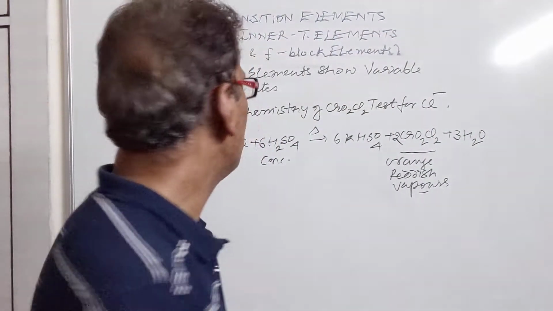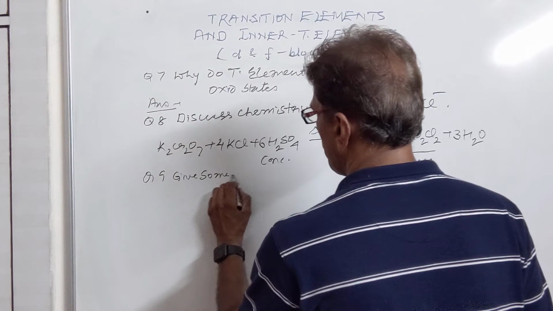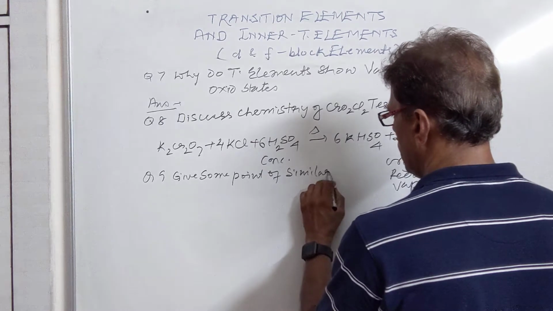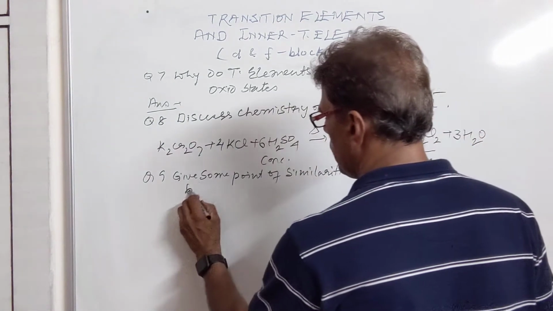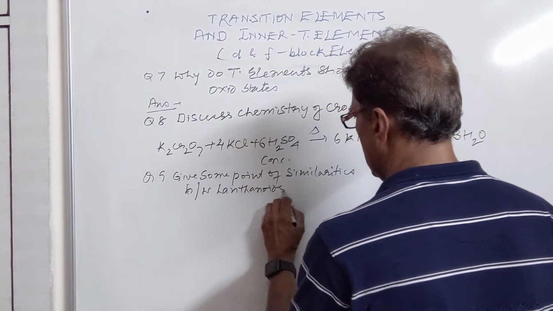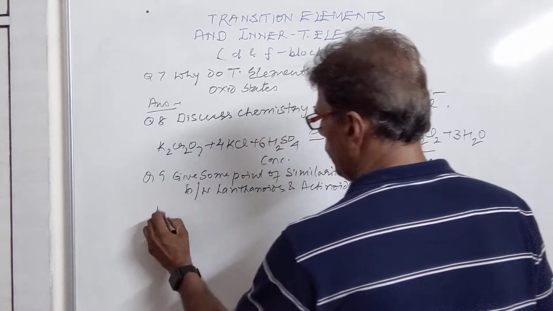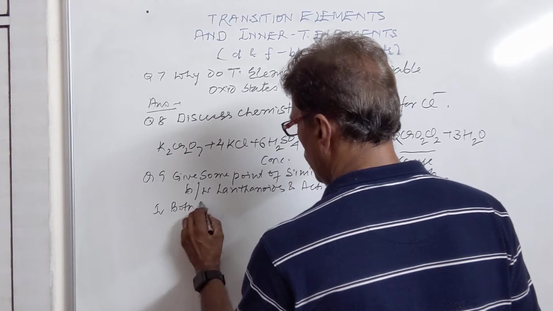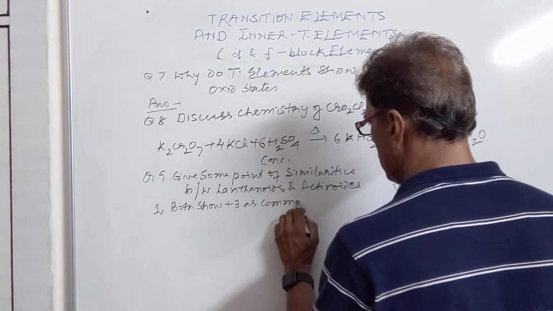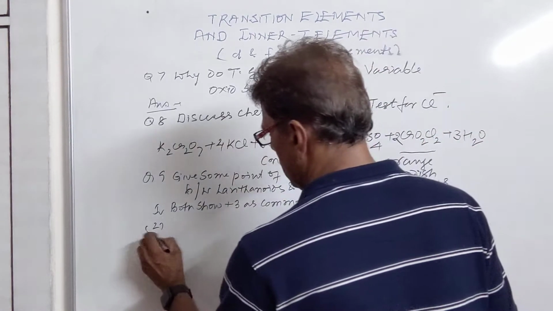Now give some points of similarities between lanthanoids and actinoids. First point is both show +3 as a common oxidation state. दोनों में +3 स्टेट बहुत ज़्यादा कंपाउंड्स में दिखाई जाती है.